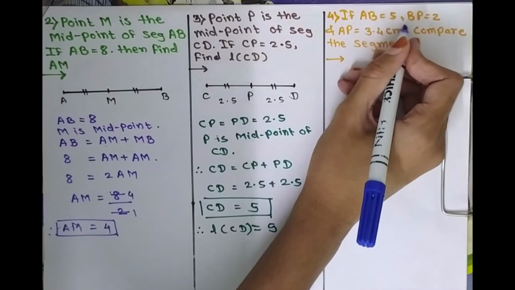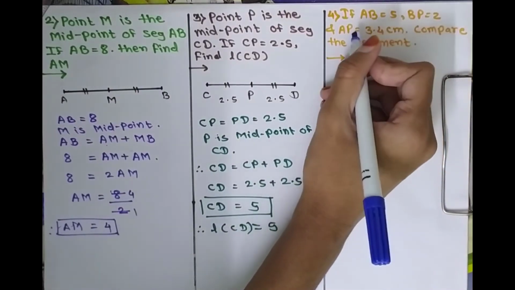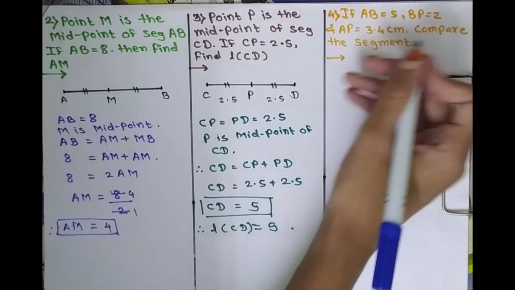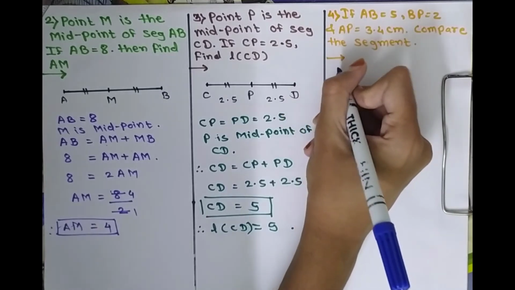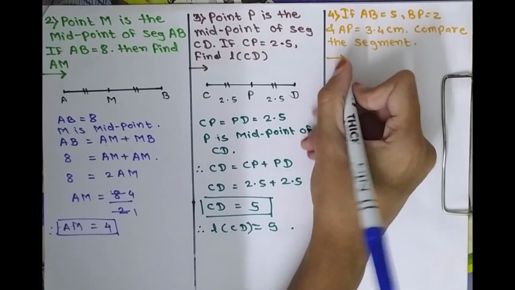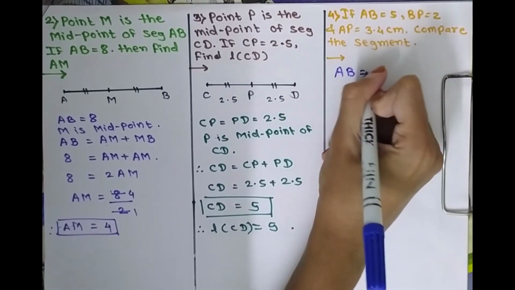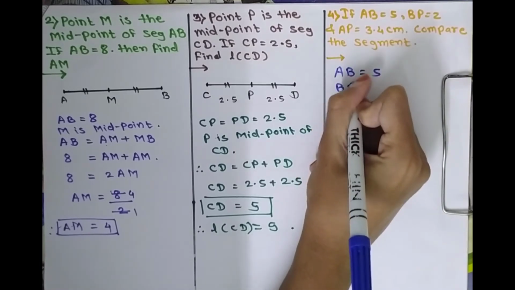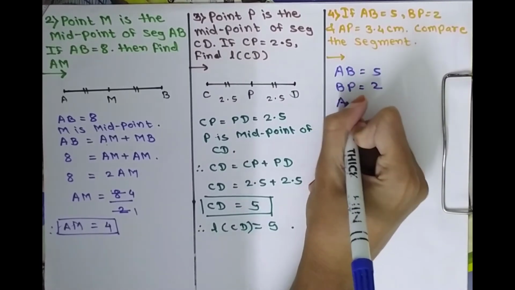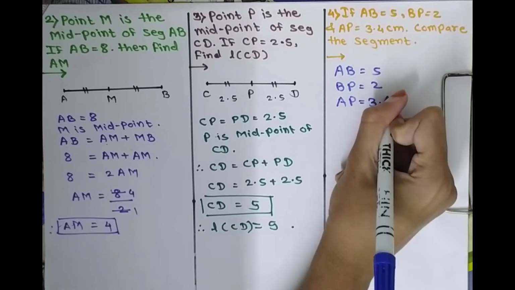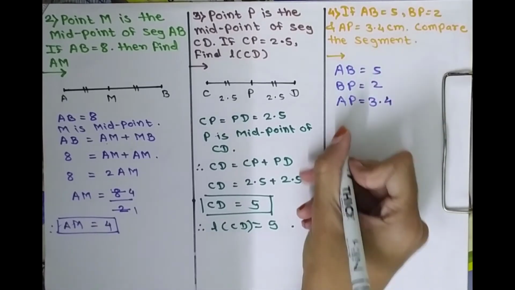Question number 4. If AB is 5, BP is 2 and AP is 3.5, then compare the statement. Here what is given? AB is 5, BP is 2 and AP is 3.5. Now here the bigger is what? 5.